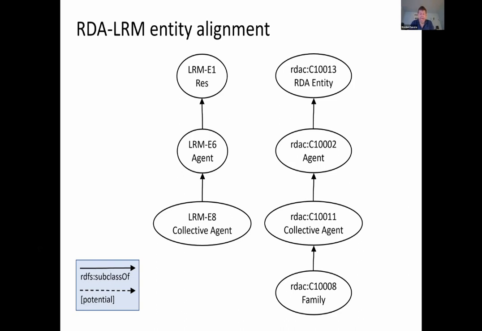RDA also has a subtype of collective agent called family. So this hierarchy can be represented using exactly the same relationships. Here comes the neat, tricky part. We can then cross-relate using exactly the same subtyping relationship, subclass relationship. We can cross-relate the corresponding entities between RDA and the LRM.